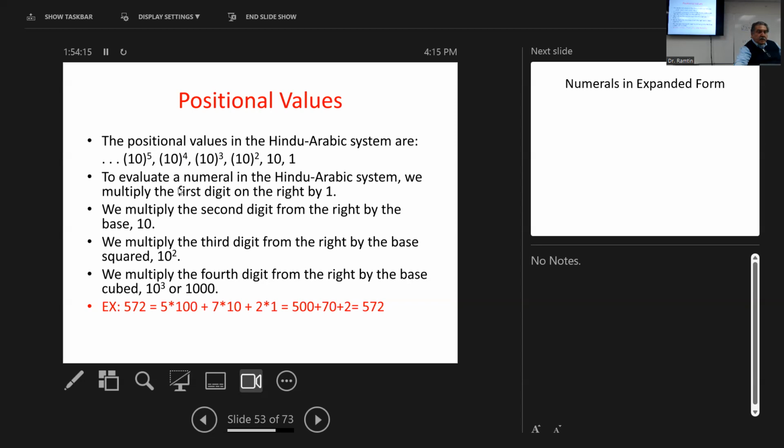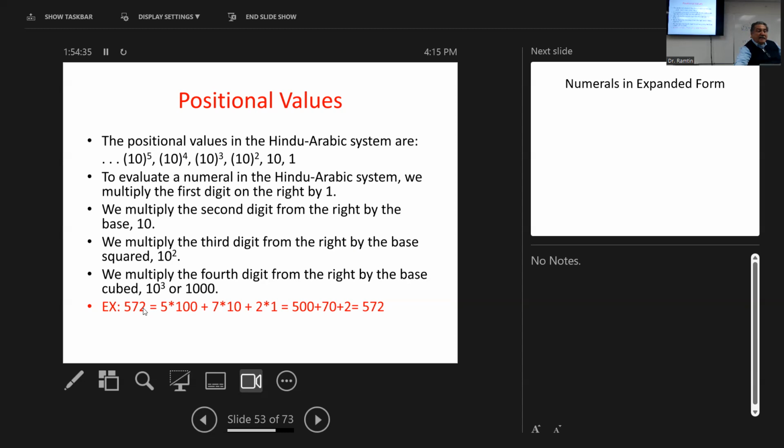So we always multiply the first digit on the right by 1, the second digit by 10, the third digit by 100, the fourth digit by 1,000. For example, if you want to expand 572, okay?